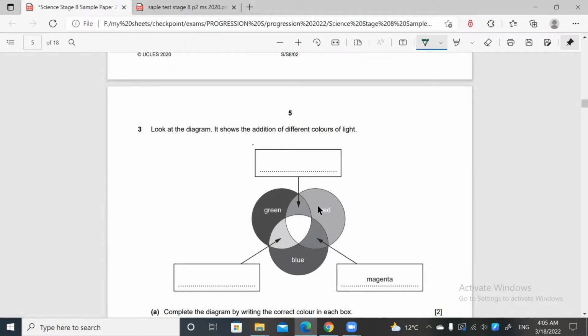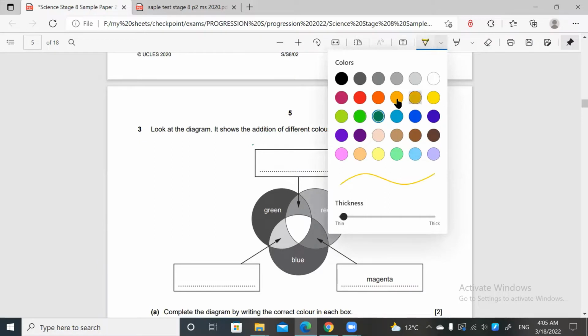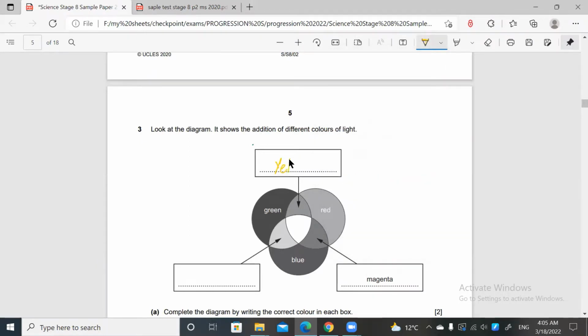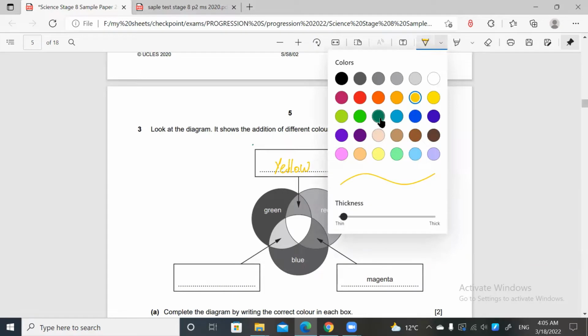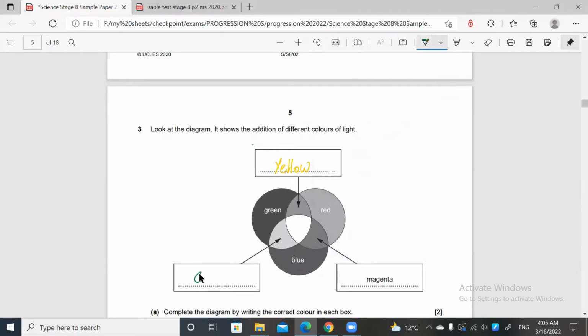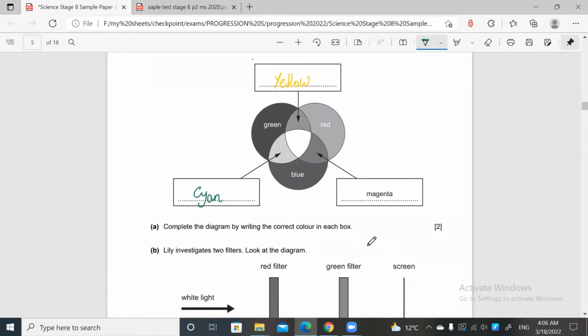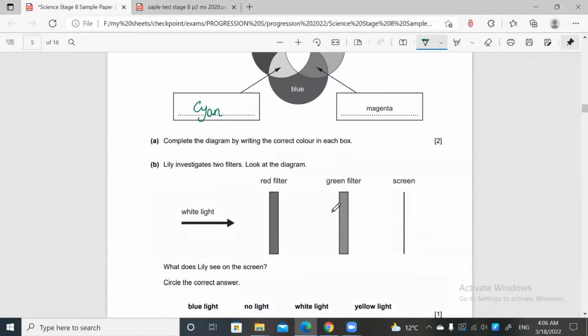When you add green plus red, you will gain yellow. When we mix blue and green, the color will be cyan. And when we mix red and blue, you will get magenta.